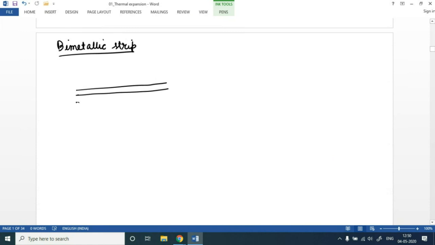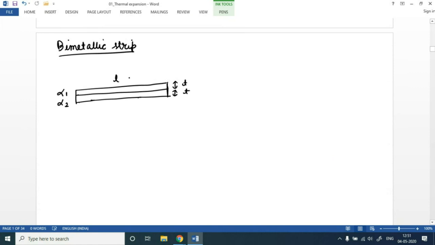A bimetallic strip means this strip is made up of two materials which have been aligned parallel like this. The only thing is their coefficients of linear expansion, alpha 1 and alpha 2, are different. Let's say their cross sectional areas are the same, and the strip has thickness t.